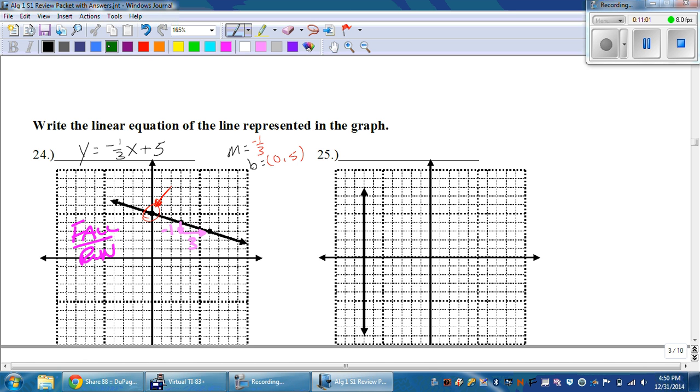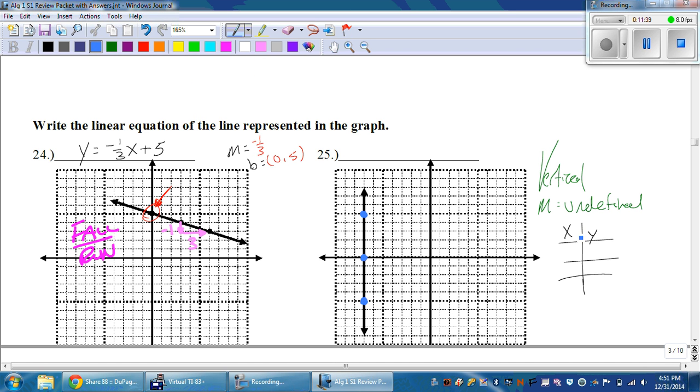Okay, number 25. The first thing I notice is that this line is vertical. Okay, remember we said that for vertical lines, our slope is undefined. Now, if you haven't memorized whether this is an x or a y equals, what I would do is make a couple points and tell me what are those points.